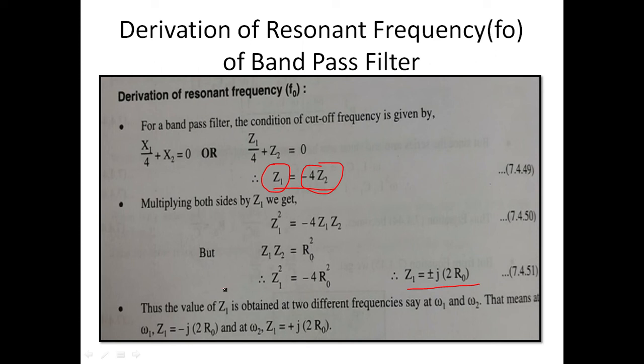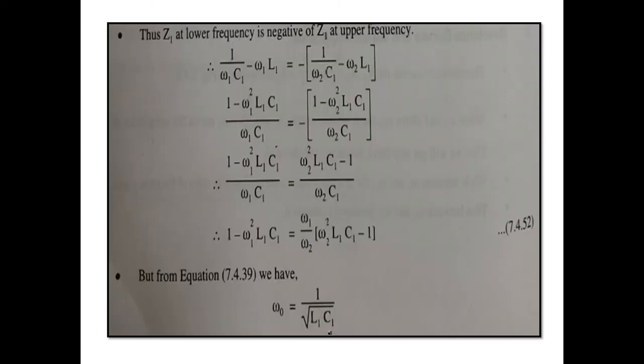Thus the value of Z1 is obtained at the two frequencies, ω1 and ω2. That means at ω1, Z1 is equal to −2jR0, and at ω2, Z1 is +2jR0. Thus Z1 at the lower frequency is the negative of Z1 at the upper frequency.